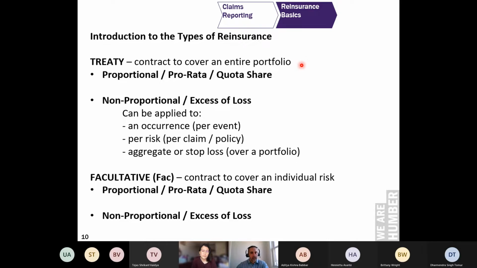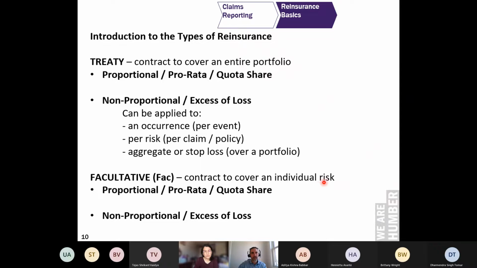Okay. So what's different for FAC is that this is covered on a policy-by-policy basis, an individual risk. So if an underwriter is writing a policy for one policyholder, and they either need additional limits, or maybe part of the policy includes a line of business that the company doesn't want to write, then they would find a reinsurer for that one policy, and that's called a facultative agreement.